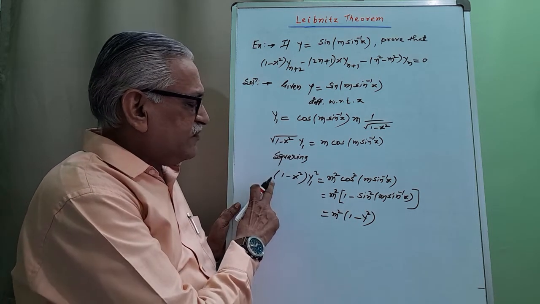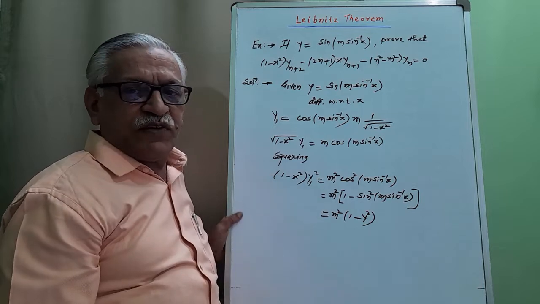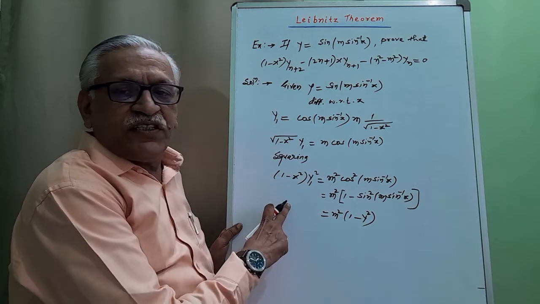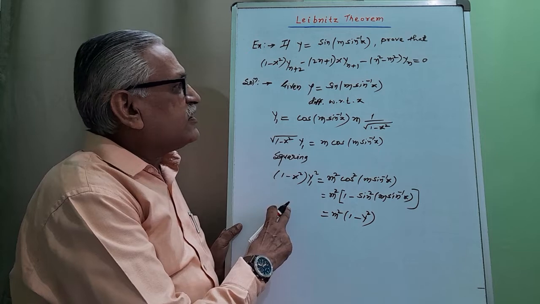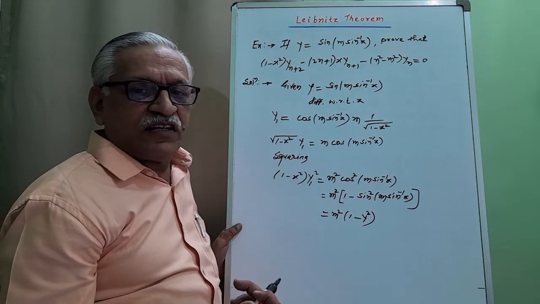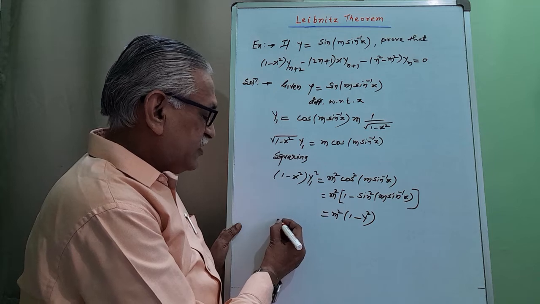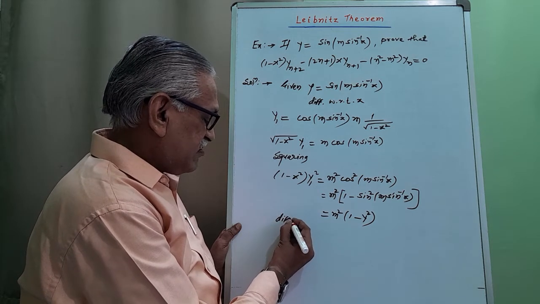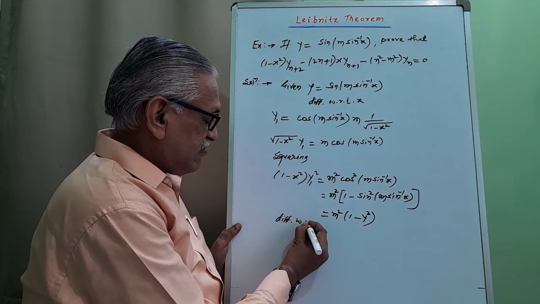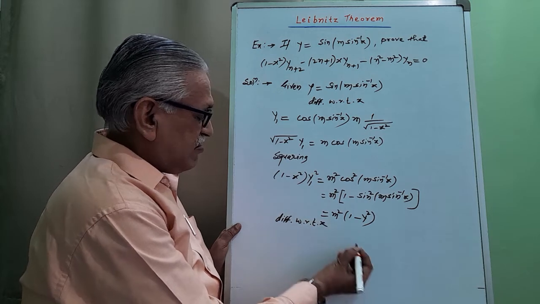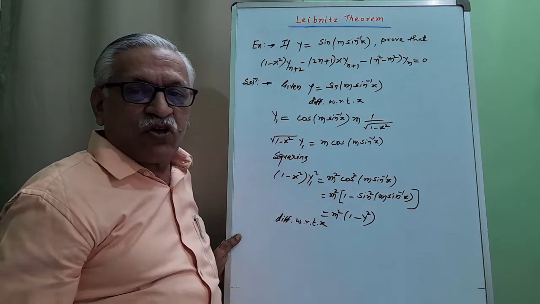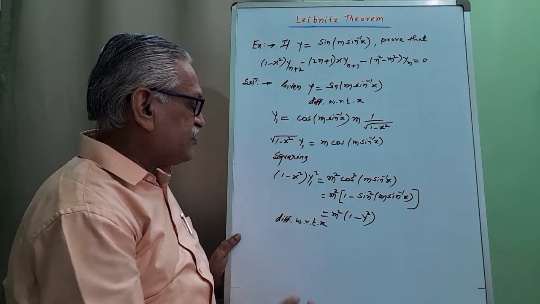Then after differentiating first with respect to x, once again we differentiate this result with respect to x to get this term of y2. Therefore, differentiating with respect to x, by applying product rule for the left hand side differentiation.